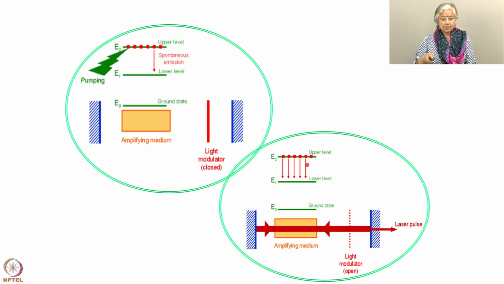Okay. So, here it is. So, this is the whole mechanism of a shutter, okay, of getting a single pulse. Next, we see what is a mode locked laser.